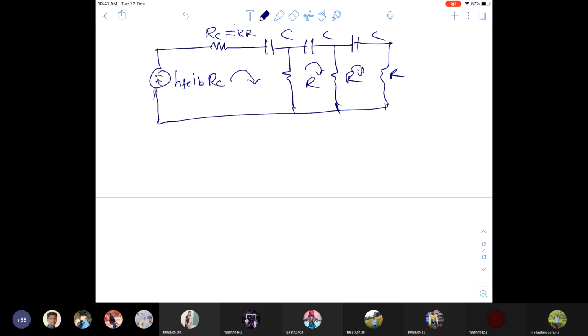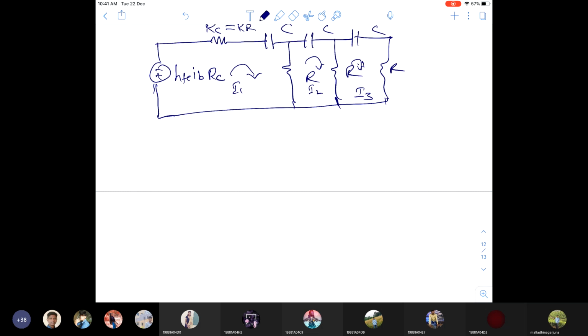Now let us see. This is the I1 current, this is the I2 current, and this is the I3 current. Then you can write the determinant matrix here.